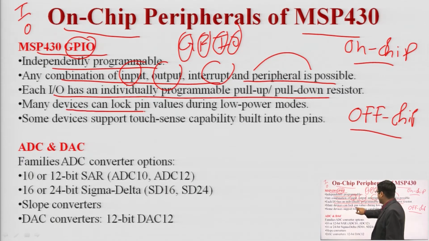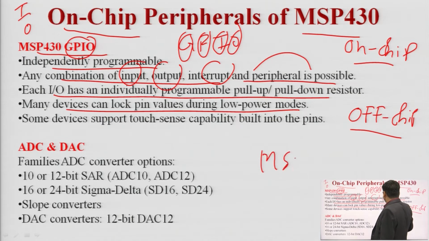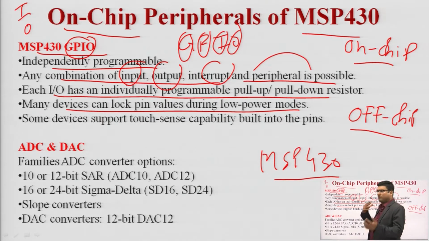Many devices can lock pin values during low power modes. What is the meaning of locking pin values during low power mode? Low power mode means that MSP 430 works in ultra low power modes, with an ultra low power supply. If we do not use a particular block in our MSP 430, that block will be in a silent state and will not consume any power.